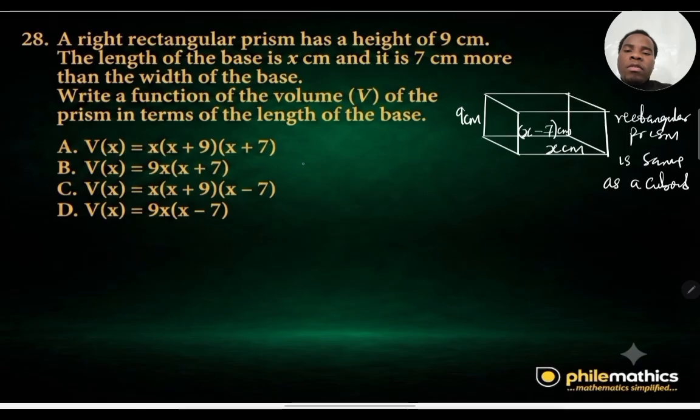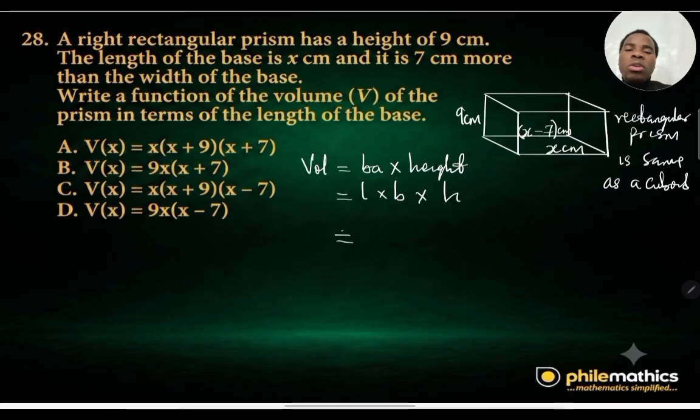What's the volume of a prism or a rectangular prism? It is the base area times the height. And the base area is a rectangle, which is length times breadth, times height.